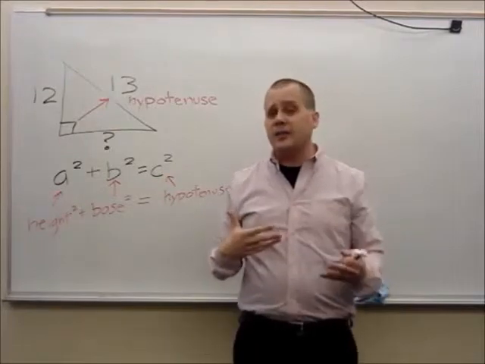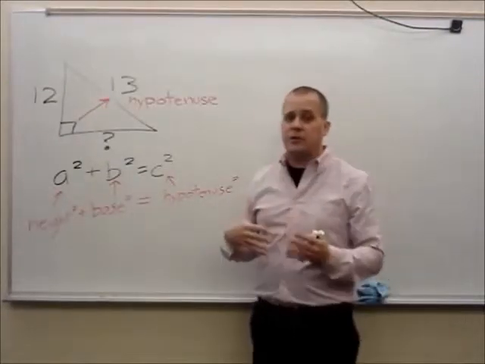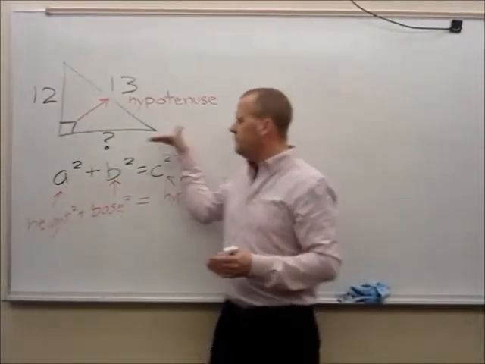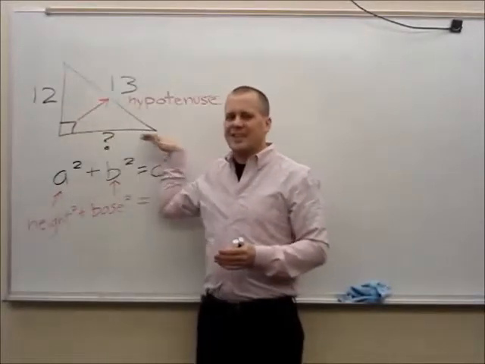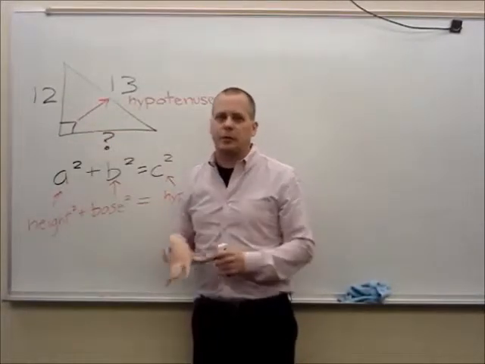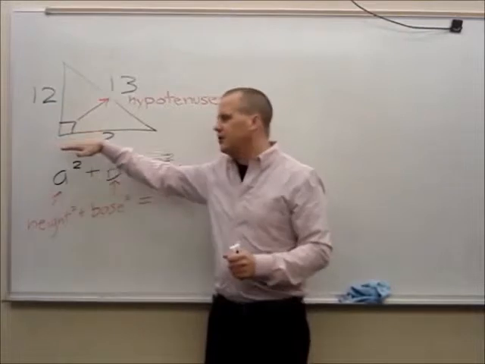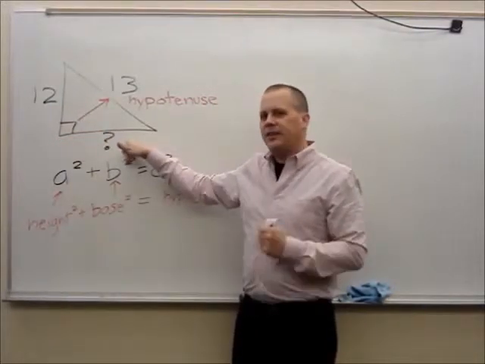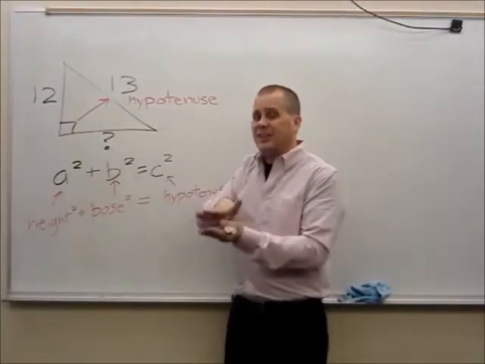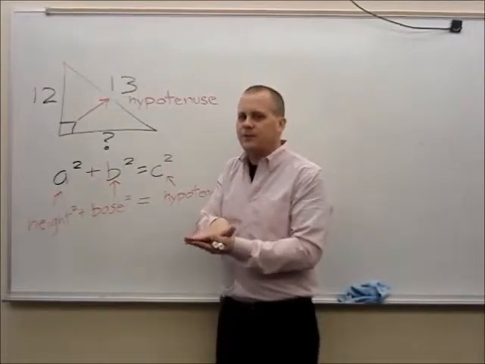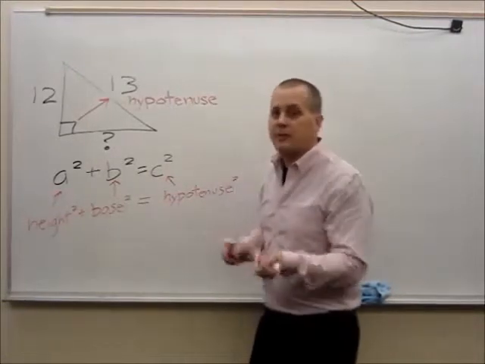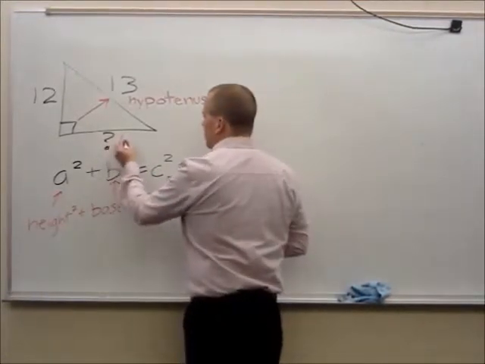Now, I look at the other lengths in my triangle. And if I'm thinking that this triangle is just standing up, maybe on a table or something like that, on a flat surface, this part of the triangle that's touching the table or the flat surface, well, that would be the base of my triangle.